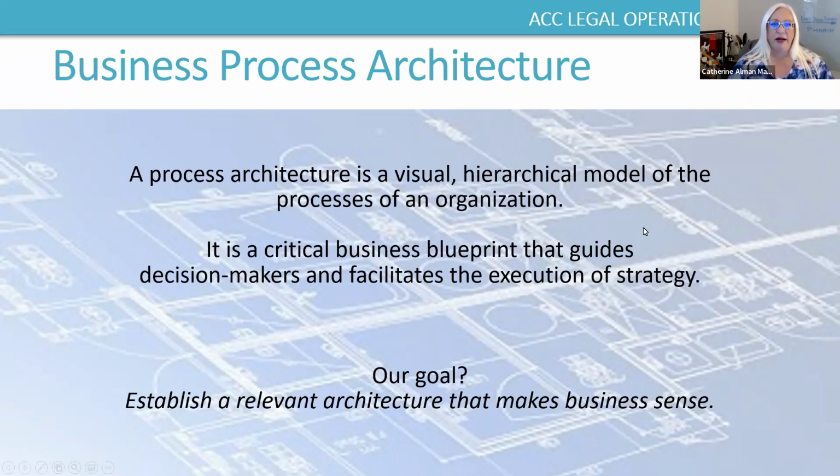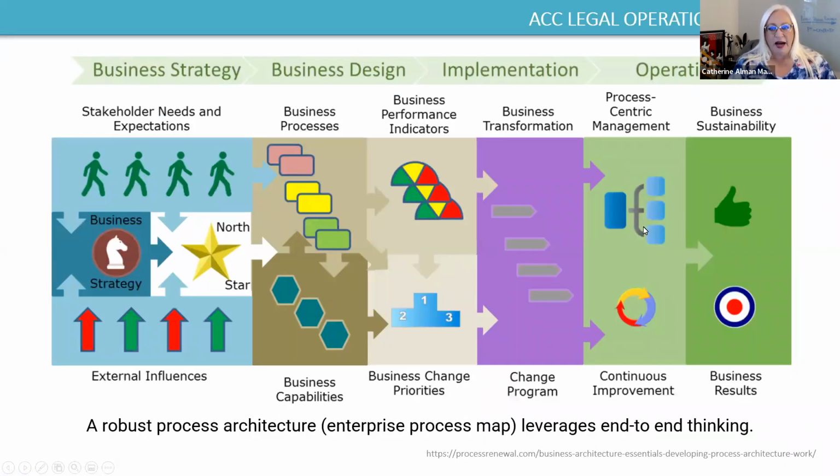I think some of you have seen this graphic from Andre Green's previous presentations to this SIG. The whole idea of a robust process architecture is that it allows us to tap into the expertise of all the players in our ecosystem so that we are getting to this end-to-end type thinking.